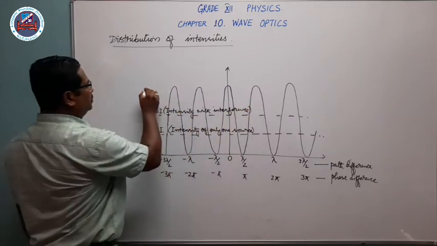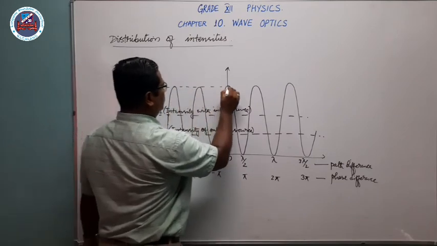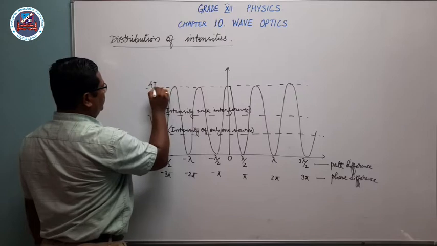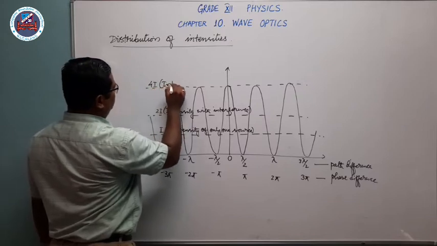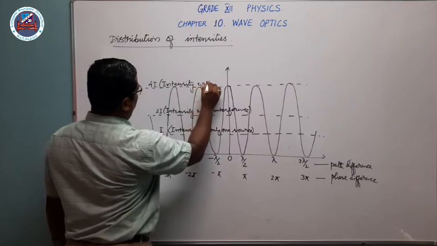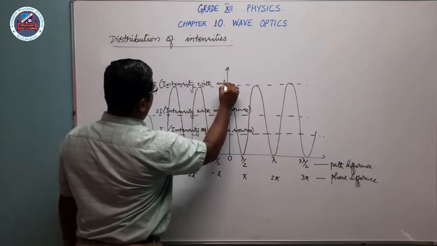And the topmost line is the intensity with interference, where you get 4I.